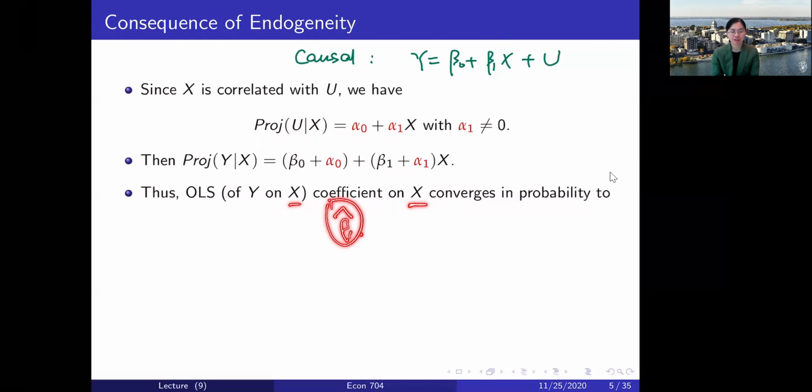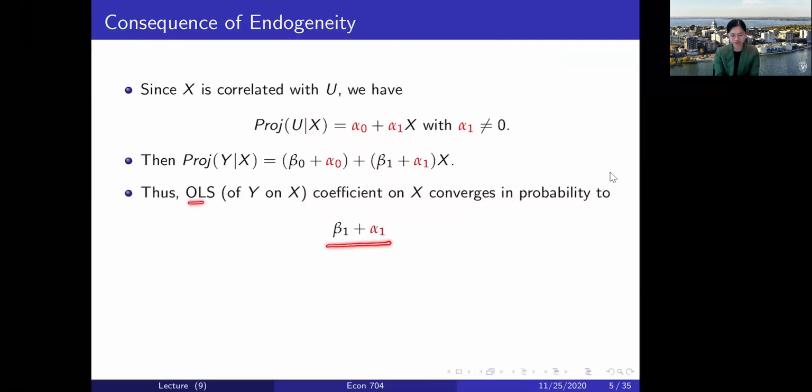From previous lectures, we know OLS always estimates the projection model consistently. It doesn't always estimate the causal model consistently, but it does always estimate the projection model consistently. So therefore, the OLS coefficient on x will converge in probability not to beta 1, but to beta 1 plus alpha 1, the x coefficient in the projection model.